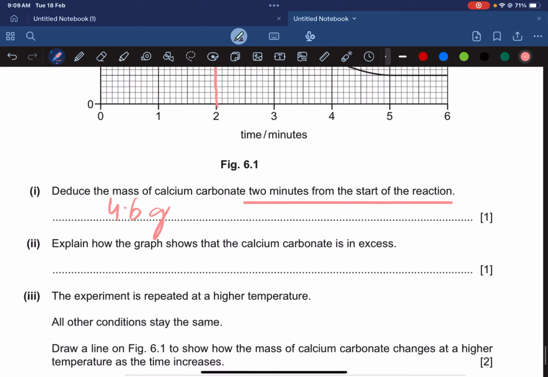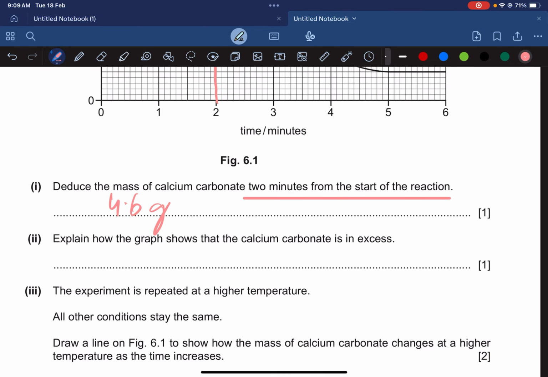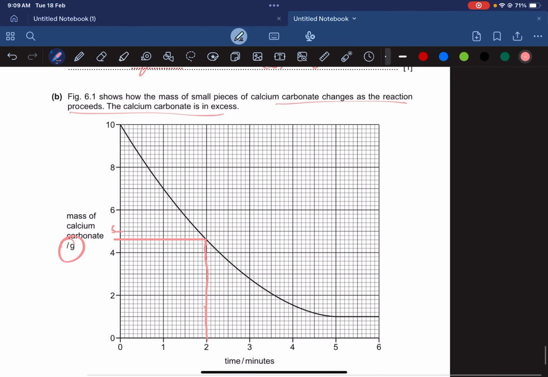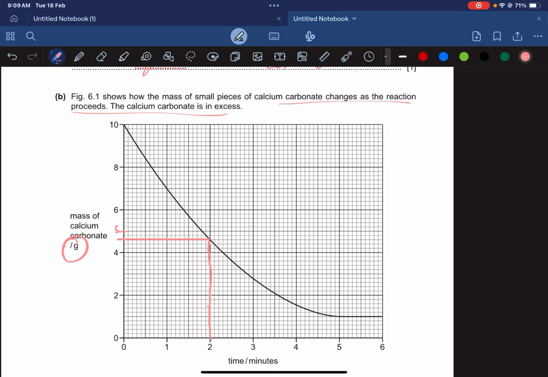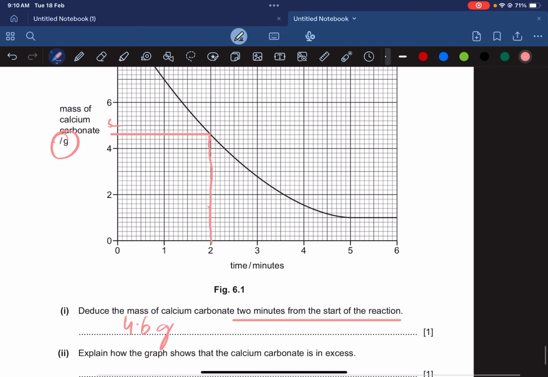Okay. Next is explain how the graph shows that calcium carbonate is in excess. The graph shows that calcium carbonate is in excess because even after all the time has finished, there is still some mass of calcium carbonate that remains. 1 gram still remains. Even after the line got flat, we still have mass of calcium carbonate. This means time is passing but mass is not reducing.